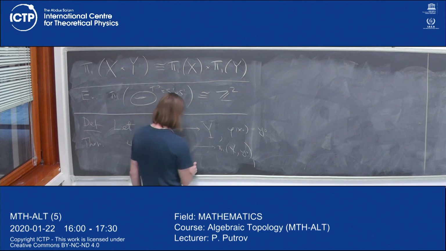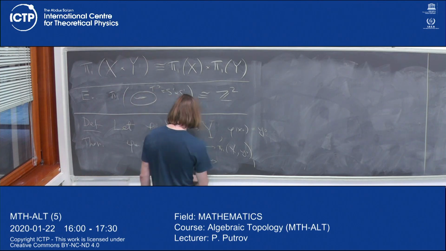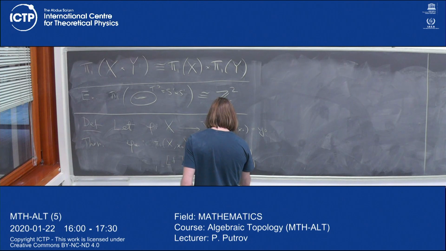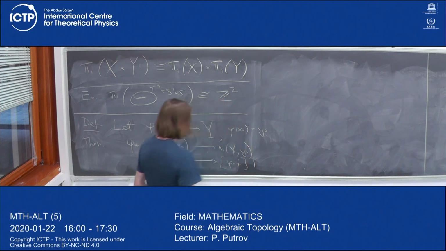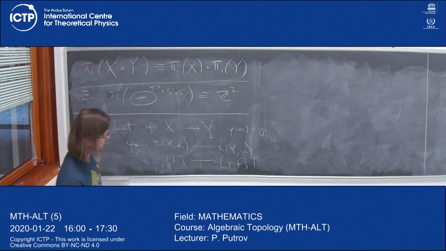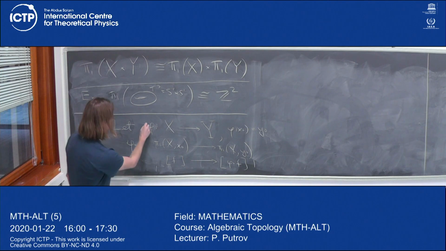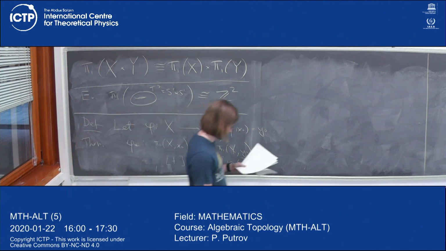in my space X, it is sent to a class of a composition of my map f, which defines the loop, and the continuous map phi.